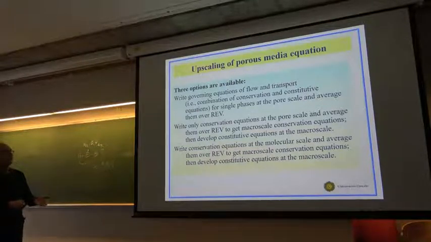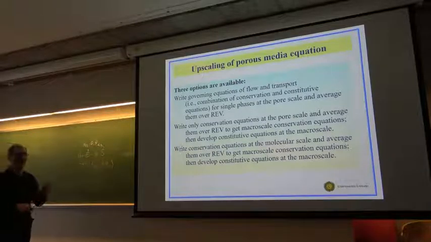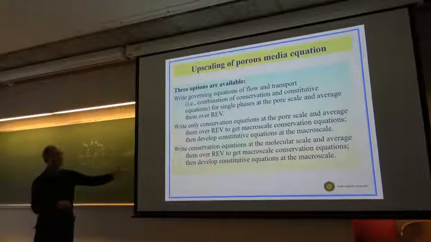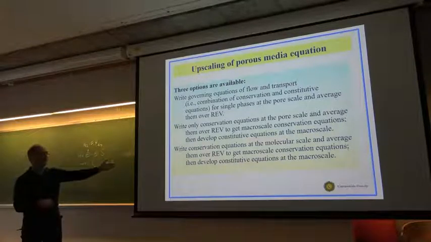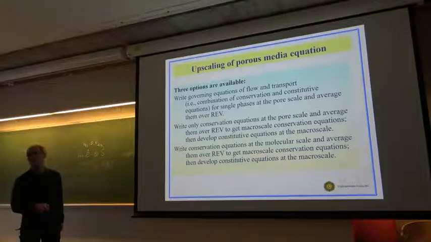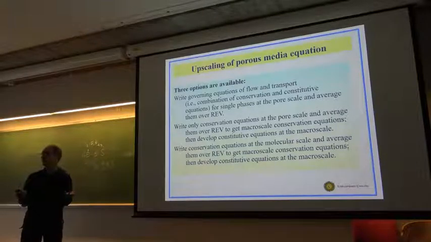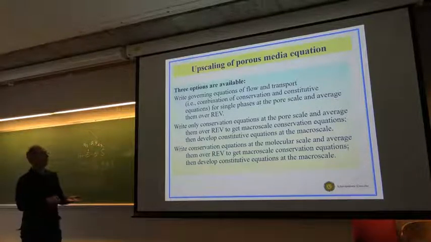So here is the pore scale and grain scale. This is the molecular scale. And then average the conservation laws from the molecular scale to the Darcy scale, and then develop constitutive equations. You see the difference between the three? Okay.